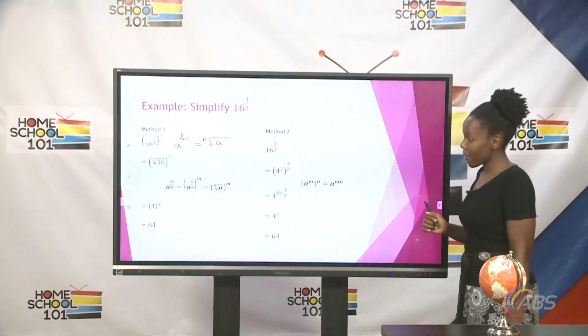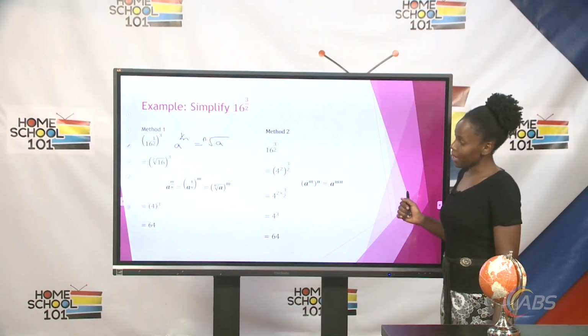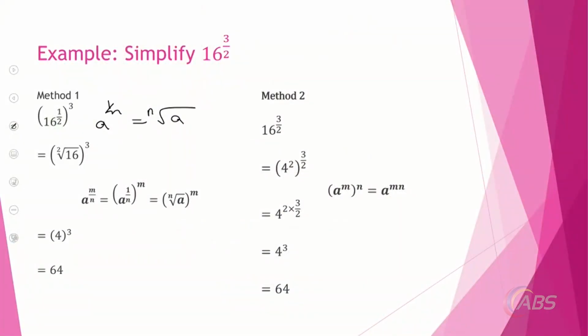The second method that we're using is to convert 16 to the lowest base possible. In this case, I would convert 16 to a base 4. So I convert 16 as 4 squared, and once I have 4 squared, I can then go ahead and apply the property which states that once I have 2 powers, I simply multiply both powers.